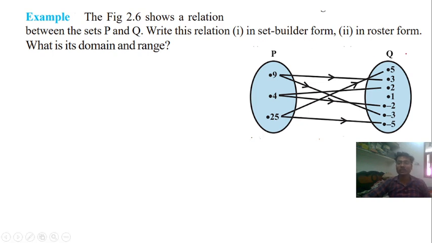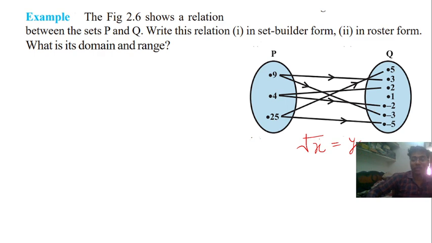Okay, so as we can see that 9 is going to positive 3 and negative 3, 4 is going to positive 2 and negative 2, and 25 is going to positive 5 and negative 5. So it is basically the square root of x is equals to y.